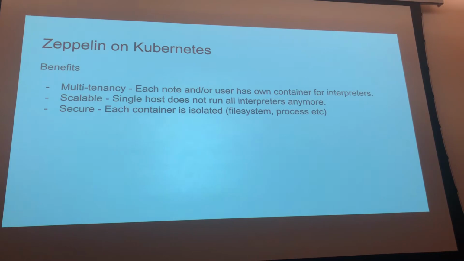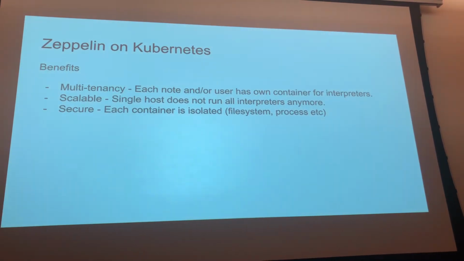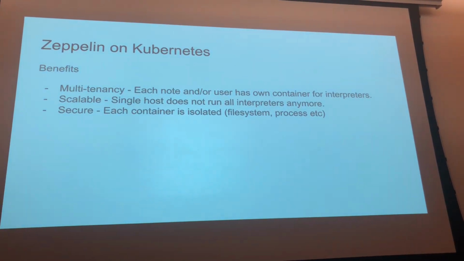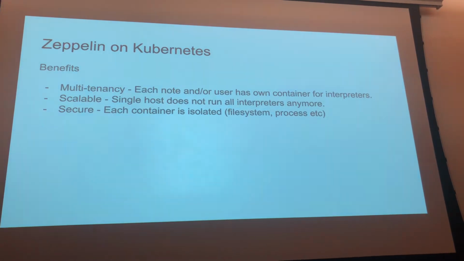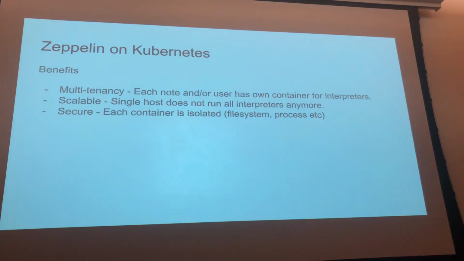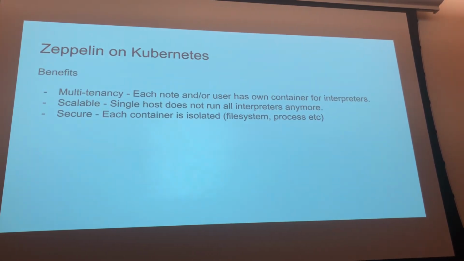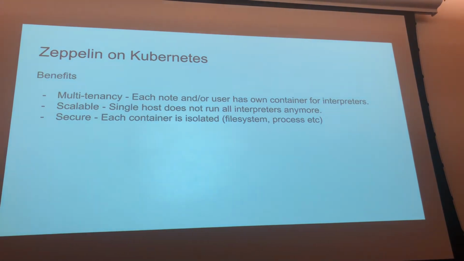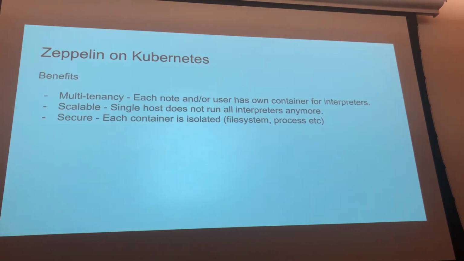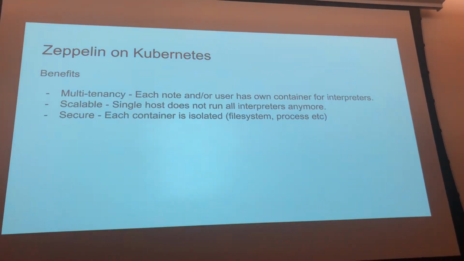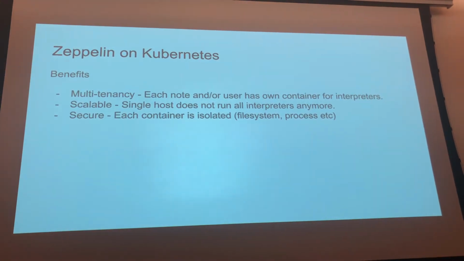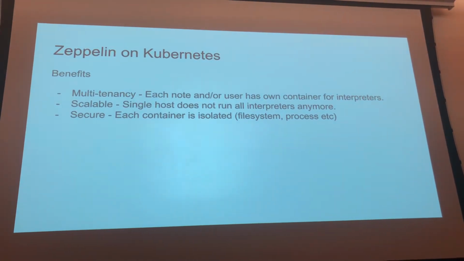So one is multi-tenancy. I've been hearing a lot of complaints about Zeppelin. When I see users, they say, "Oh, Zeppelin is good, it's cool, but it's unstable." I hear that a lot, and there are many different reasons why it's unstable.